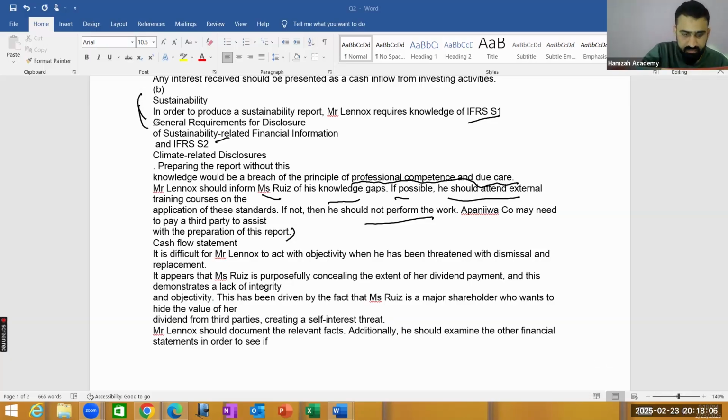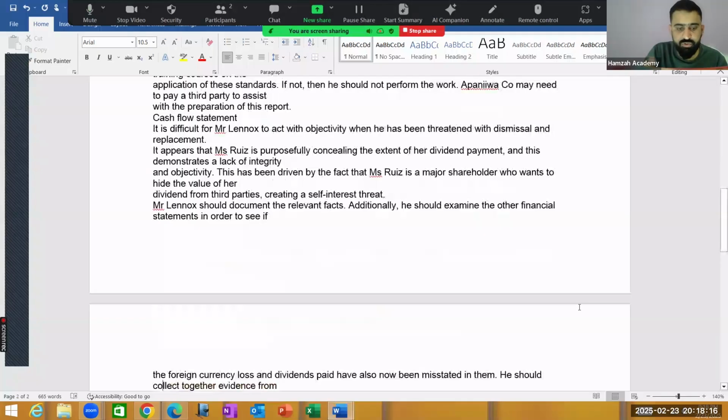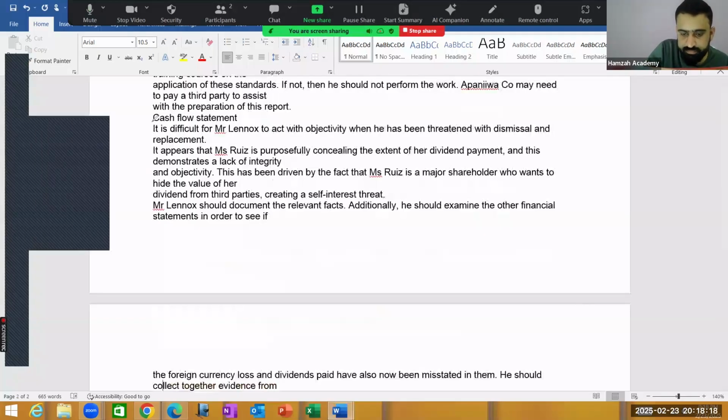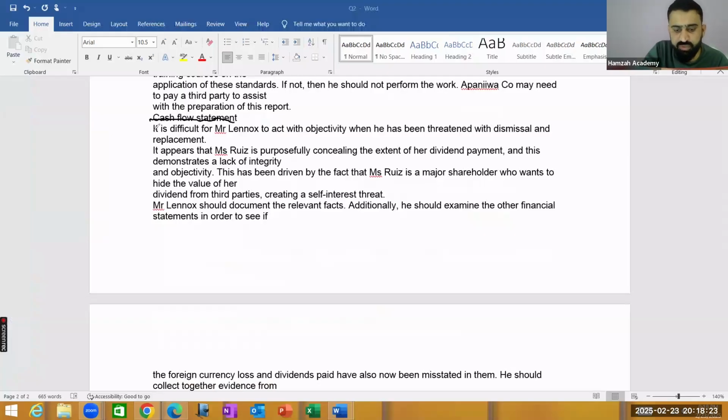Now, the other ethical issue is relating to the cash flow statement. As we discussed, in this situation it would be difficult for Mr. Lenonix to work with objectivity.